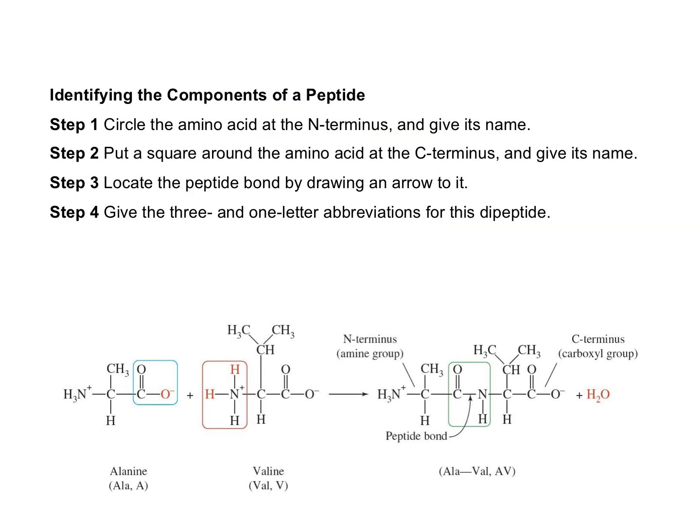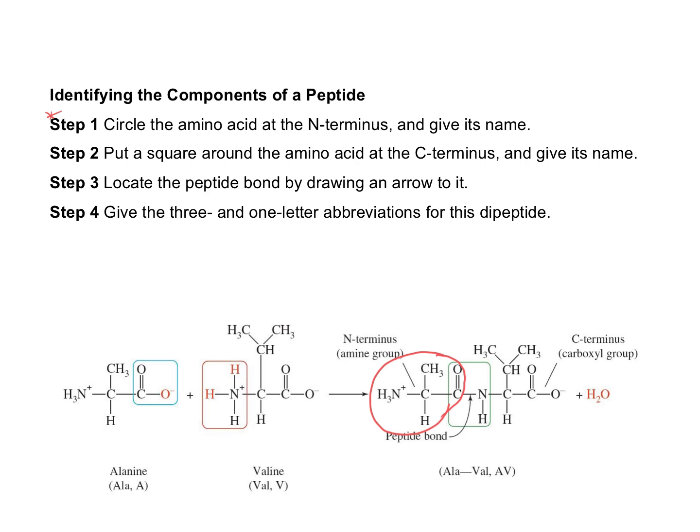Now, if you have a peptide and you need to identify the components, here are some steps that are outlined. The first thing you would want to do is circle the amino acid at the N-terminus. Then you're going to put a square around the amino acid at the C-terminus.